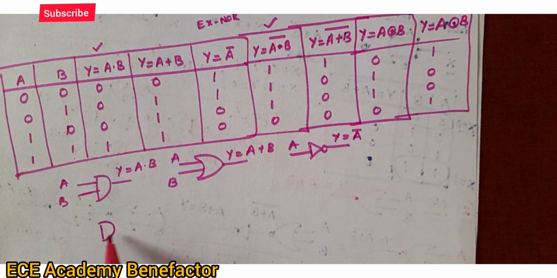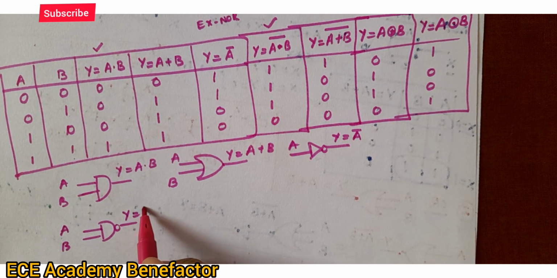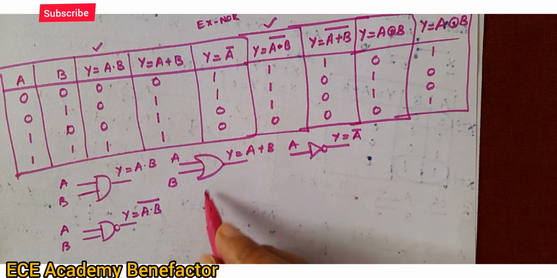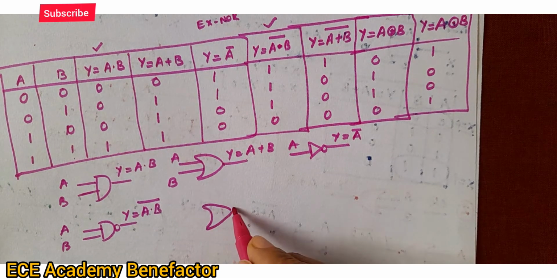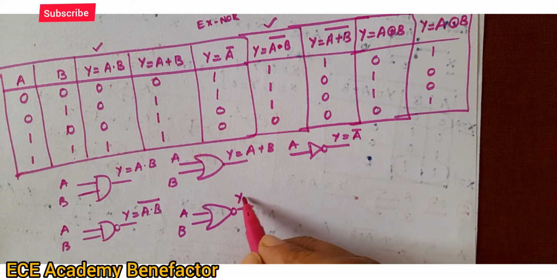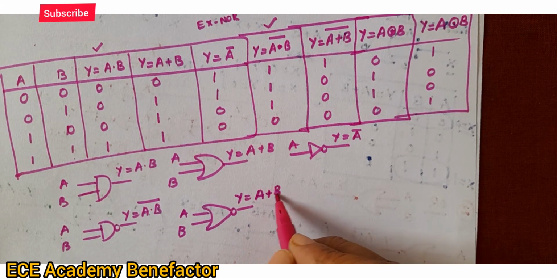Coming to the NAND gate, putting a bubble after an AND gate makes it a NAND gate, y is equal to A dot B the whole bar. NOR gate, put a bubble after the OR gate, y is equal to A plus B the whole bar.